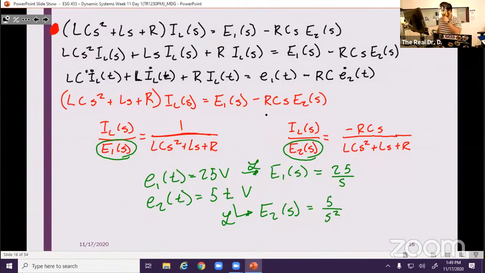The other thing is, we've got our characteristic equation in the denominator here, and that's great. If you had solved this equation in terms of E sub c instead of I sub l, what would the characteristic equation look like for that? What would you expect?